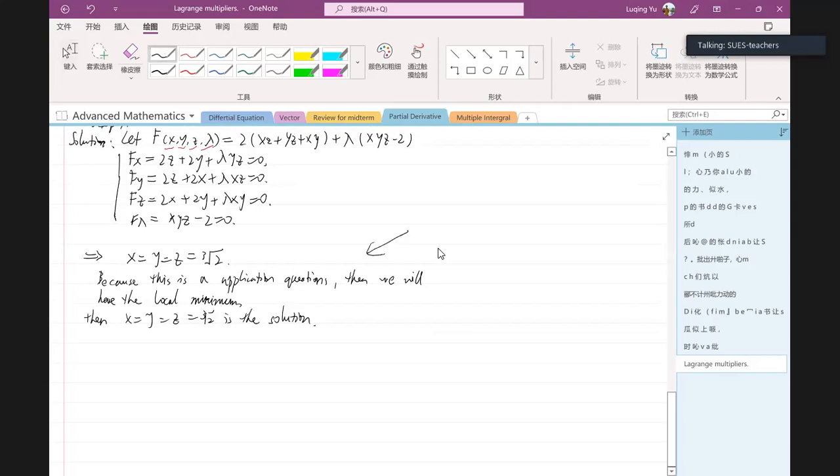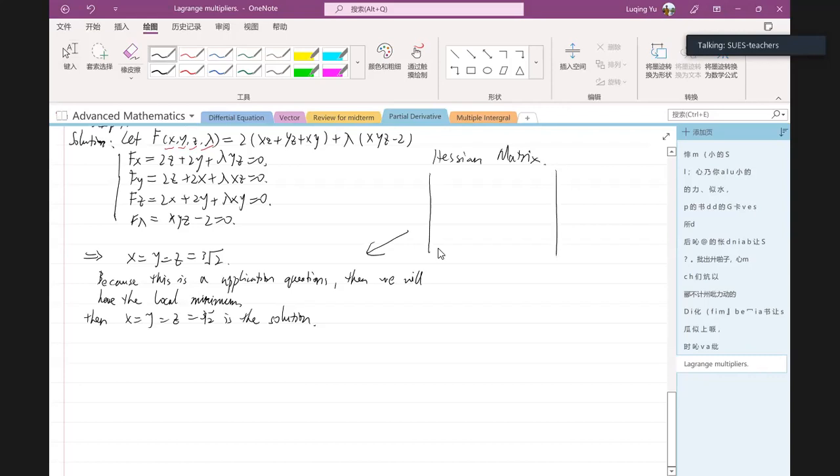This sentence actually is a Hessian matrix. If we have a Hessian matrix here, you have to use this Hessian matrix.